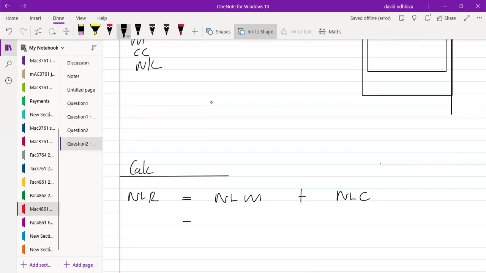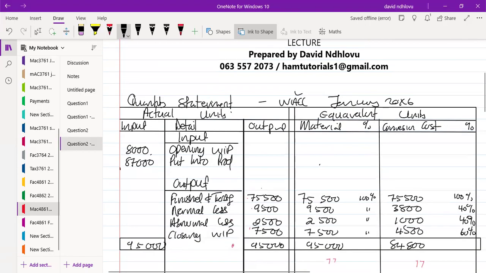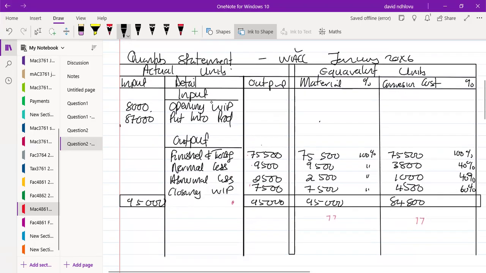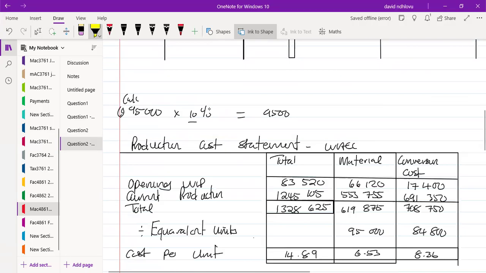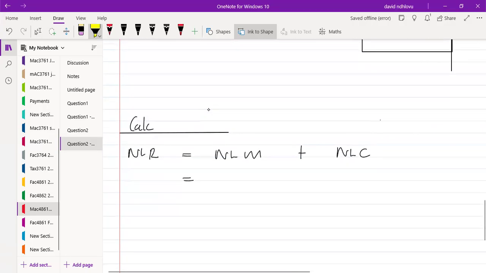Now, the normal loss in terms of material, you go to the quantity statement. Then you go to where it says normal loss and where it says material, where they meet 9.5 and conversion cost 3.8. So we are saying that our normal loss is equivalent to 9.5 units and here is equivalent to 3.8 units.